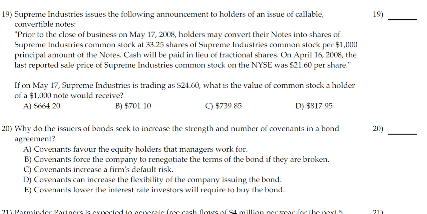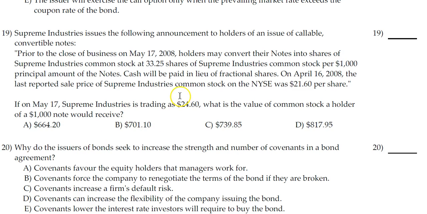What is the value of common stock a holder of a $1,000 note would receive? So basically the question is, if you were to receive your share of common stock, if you decided to convert, what is the value that you would receive? And for that we have to look at the current price of the stock, which is $24.60, and the number of shares that the bond can be converted to, which is 33.25.